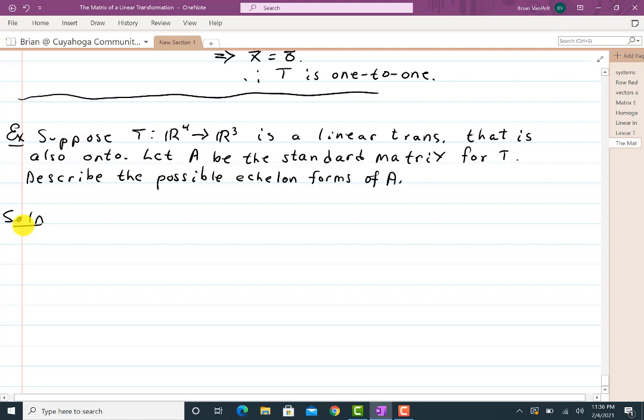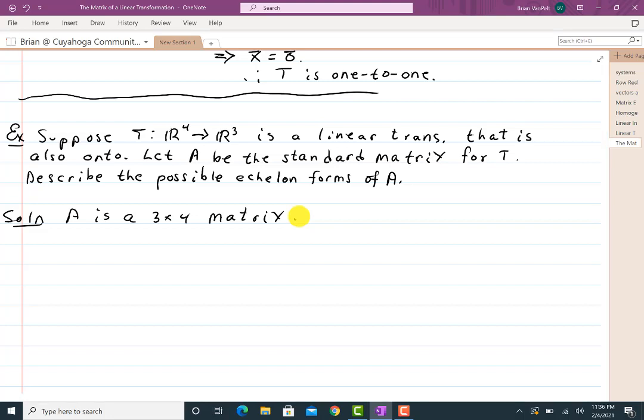So let's see what we have here. Since we are going from R4 to R3, notice that A is a 3 by 4 matrix. So keep that in mind. 4 columns since R4 is the domain, 3 rows since the range is inside of R3.